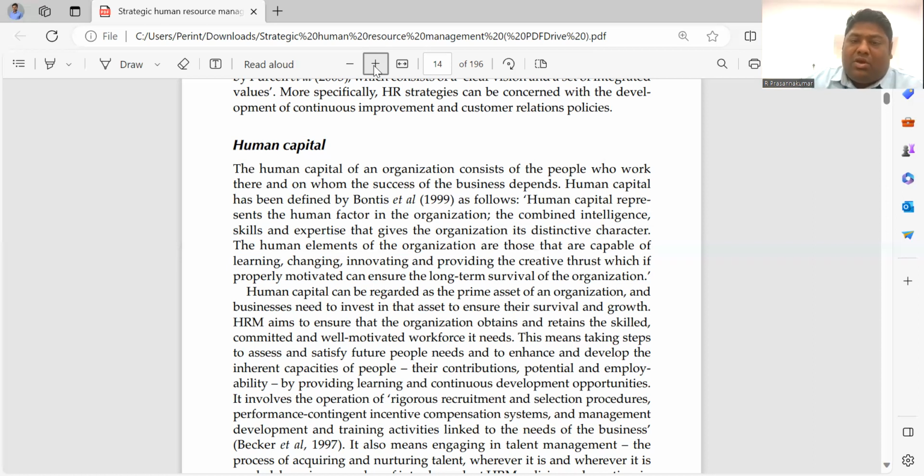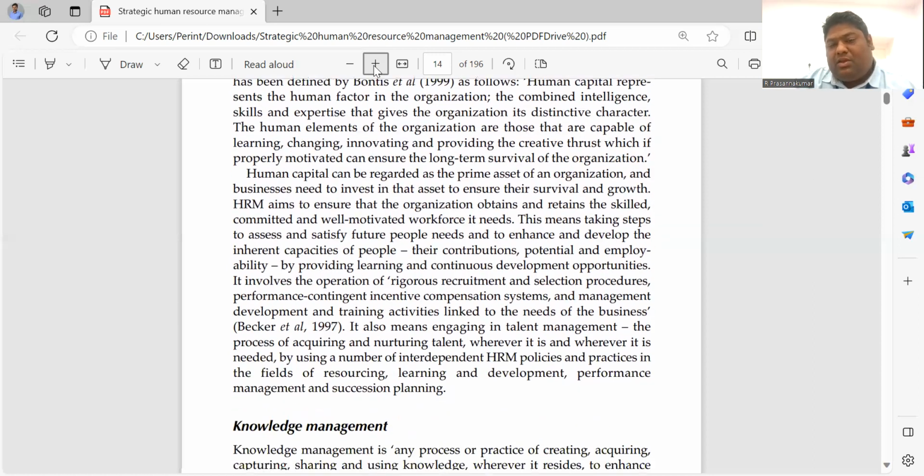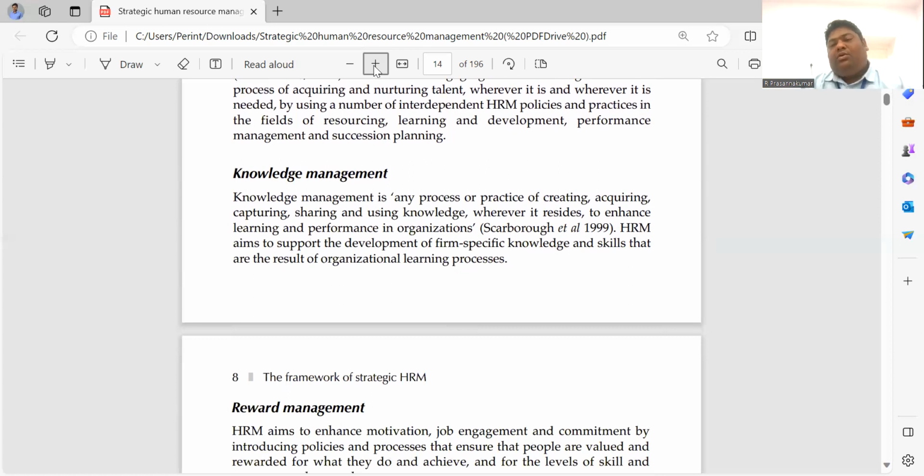HRM aims to ensure the organization obtains and retains a skilled, committed, and well-motivated workforce. This means taking steps to assess and satisfy future needs with enhanced development of the inherent capability of the people. When people are in an organization, they should be given good motivation and good development of knowledge.